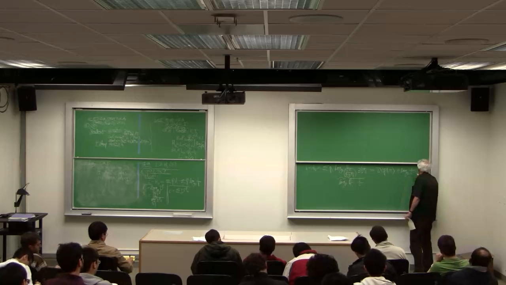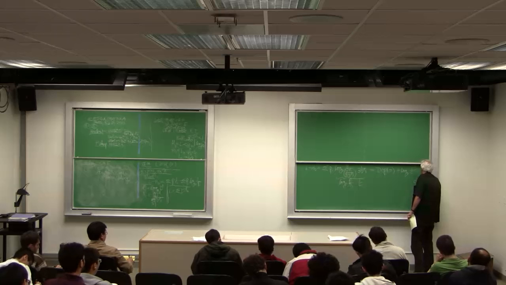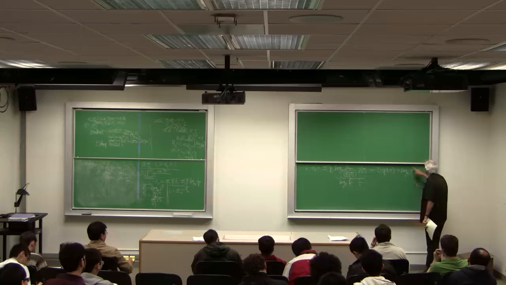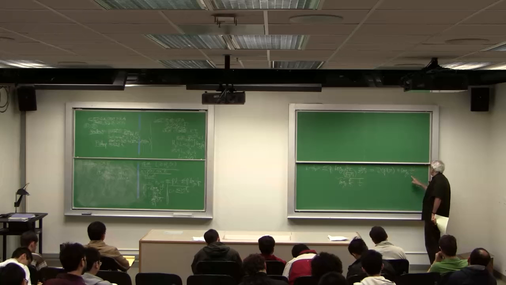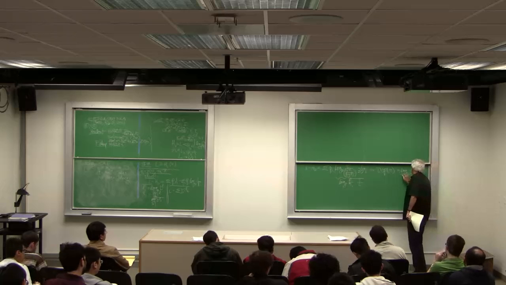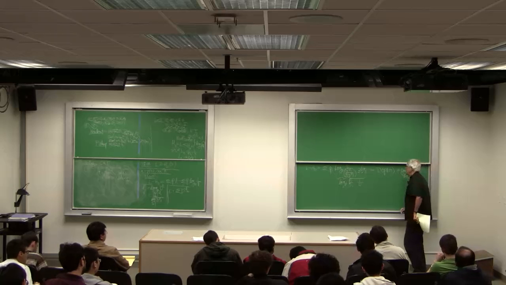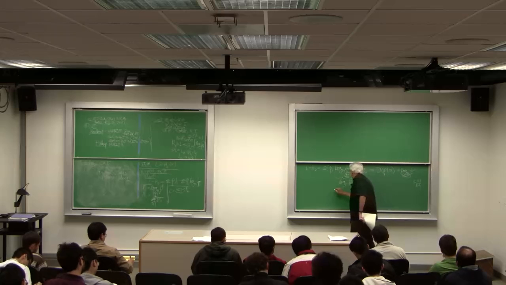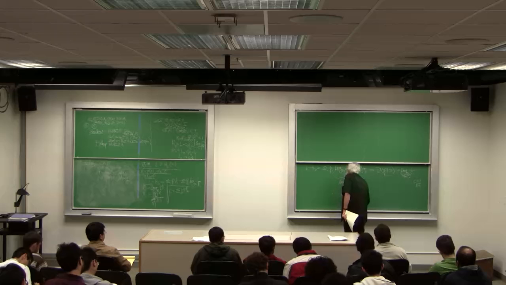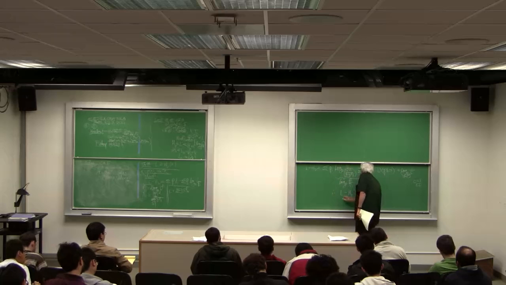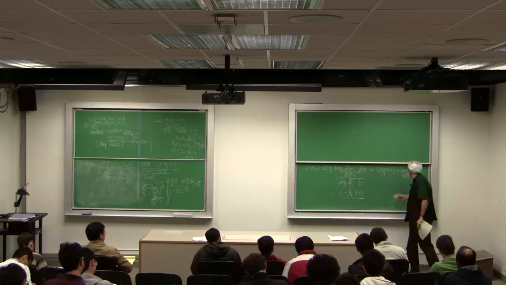But c is less than or equal to 1 by the Kraft inequality, so 1 over c is greater than or equal to 1, and log of something greater than or equal to 1 is greater than or equal to 0. And now we're done. Therefore, L minus H_D is greater than or equal to 0. And we have some extra things.